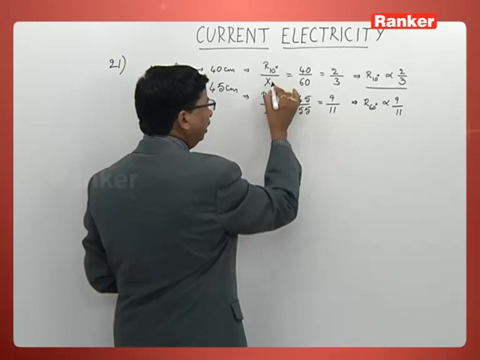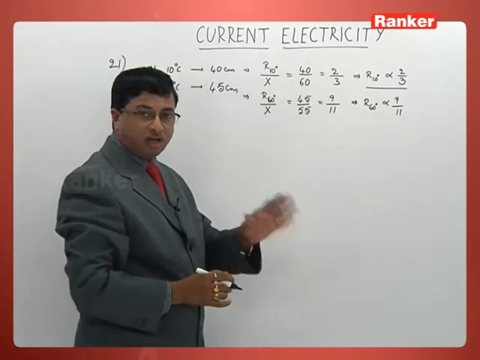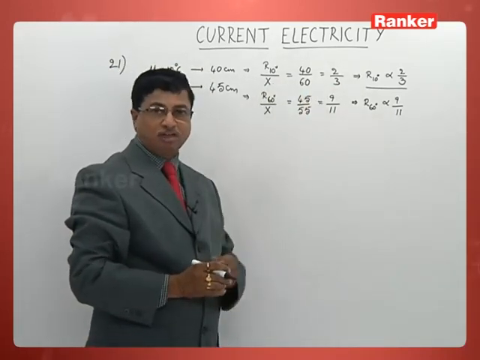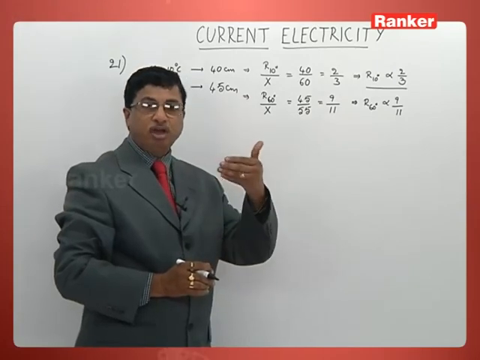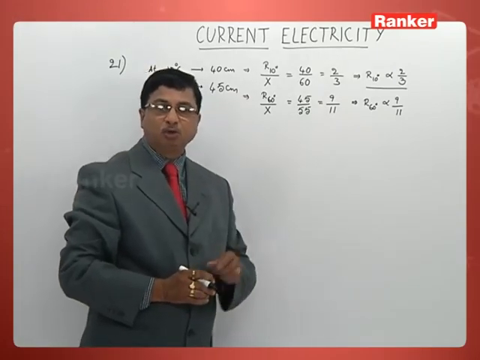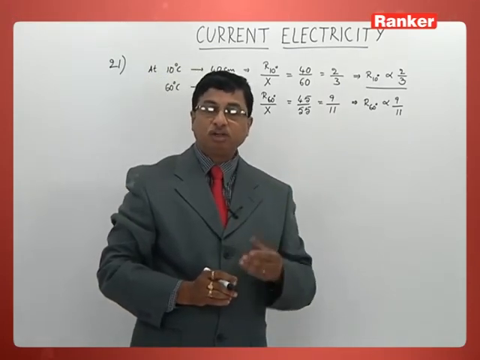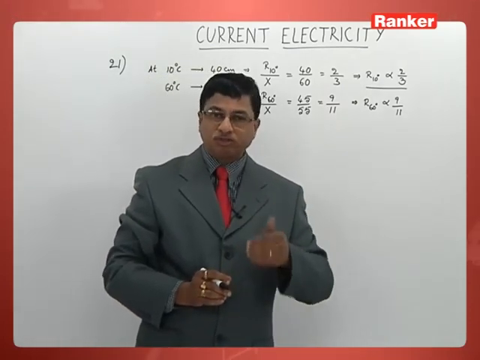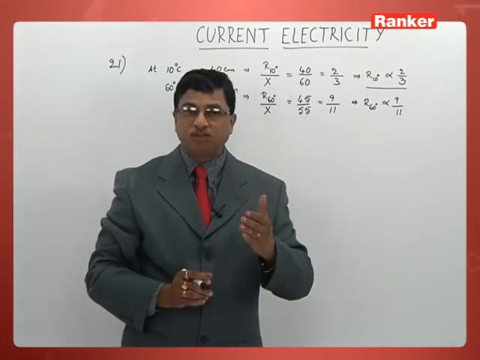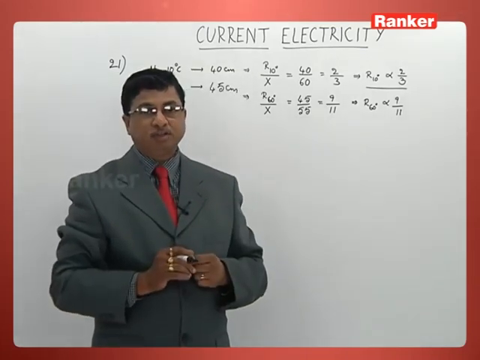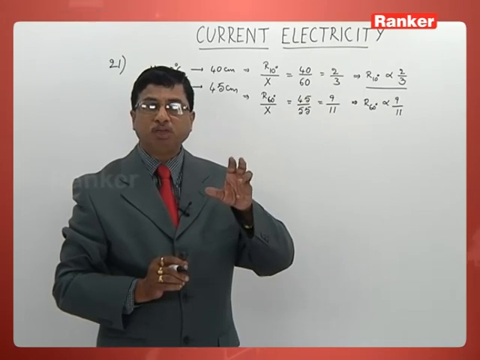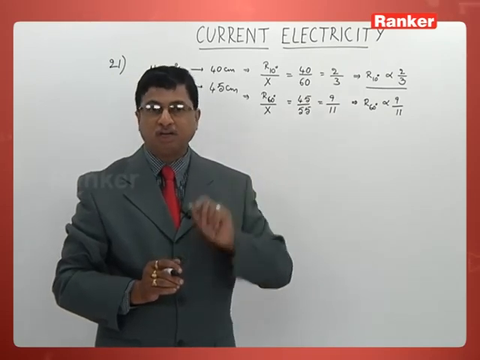You can even take these equations directly, there is nothing in that. But we have been asked here to calculate the value of alpha. What is alpha? The temperature coefficient of resistance. That is what is to be finalized from the given data.